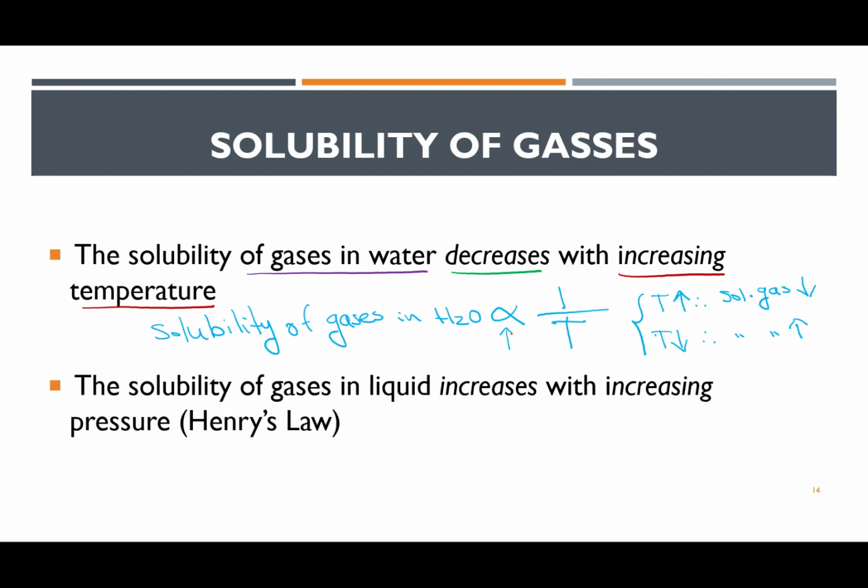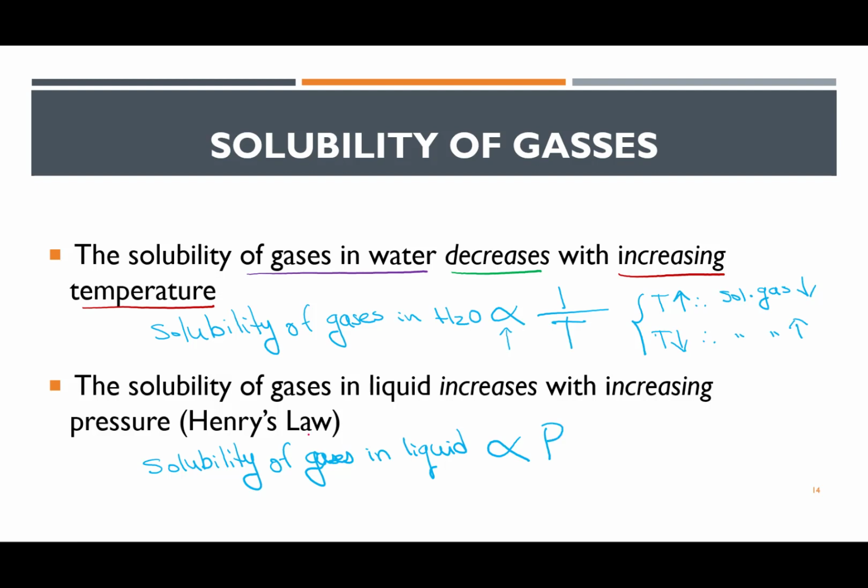All right, now let's talk about Henry's law. That talks about the solubility of gases in liquid. Whereas the solubility of gases in liquid is directly proportional to pressure, which is Henry's law.